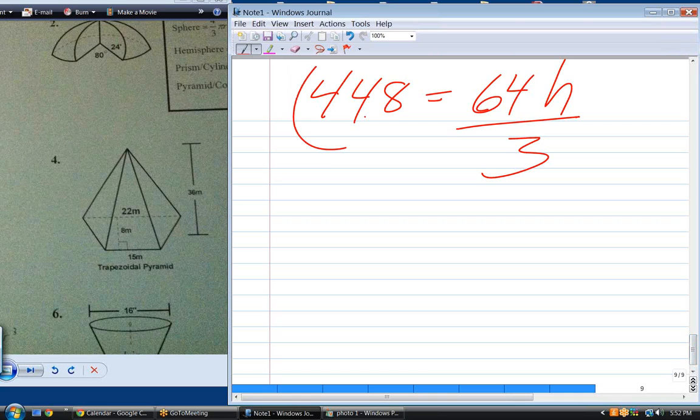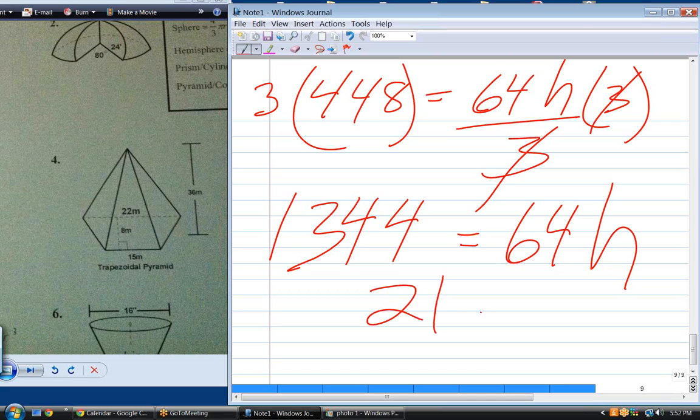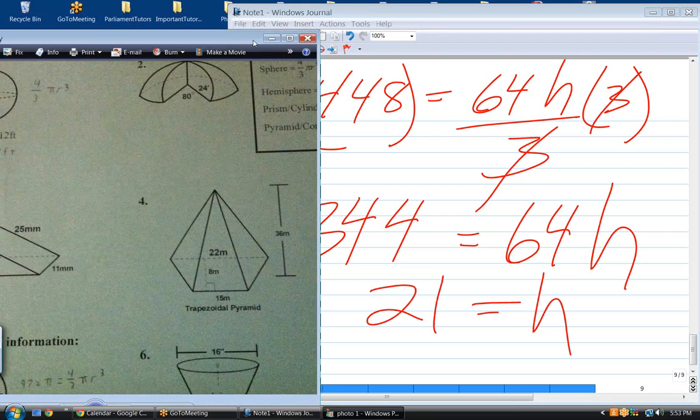If I multiply both sides by 3, all I'm doing is canceling that 3. Turns the left side into 1300 something. So now we have 1344 equals 64 times h. Now divide that number by 64 and you'll have what h is. Yeah, h is 21. Yep. Okay. All right, let's look at your next page here.